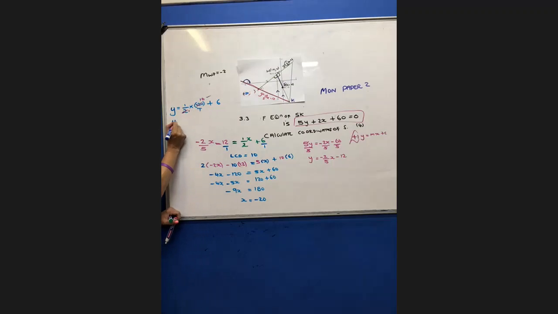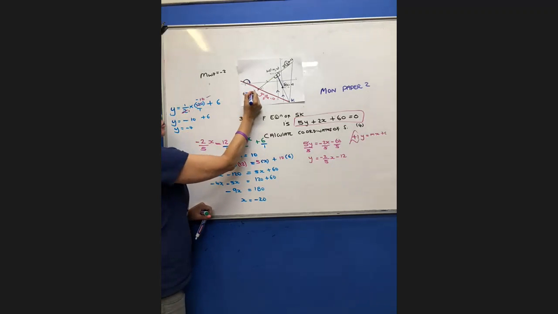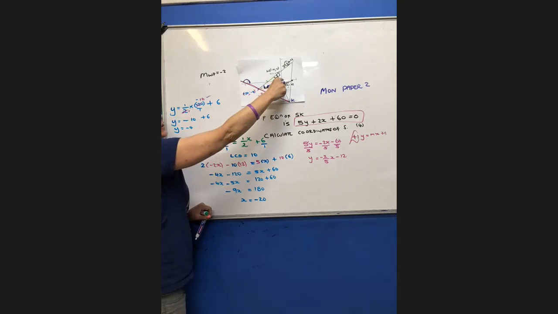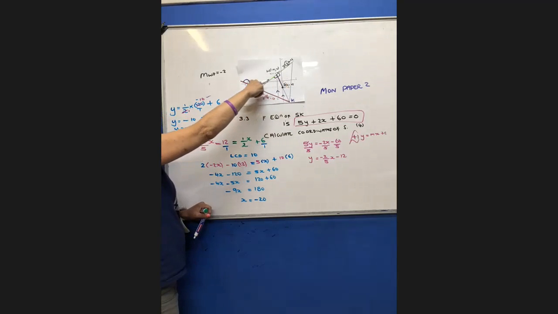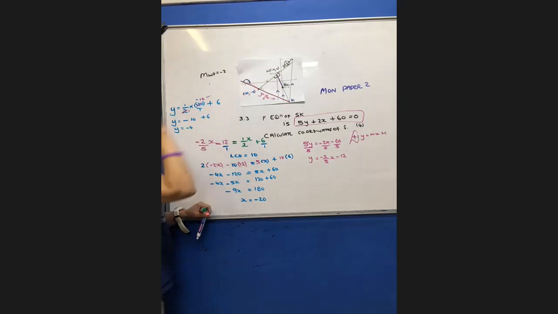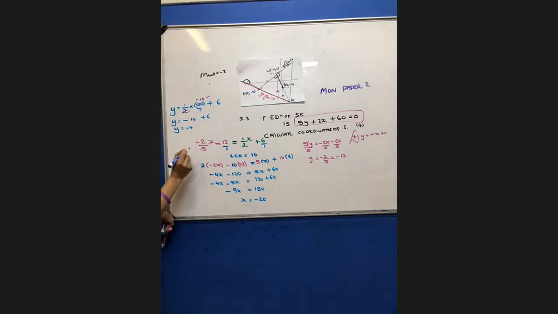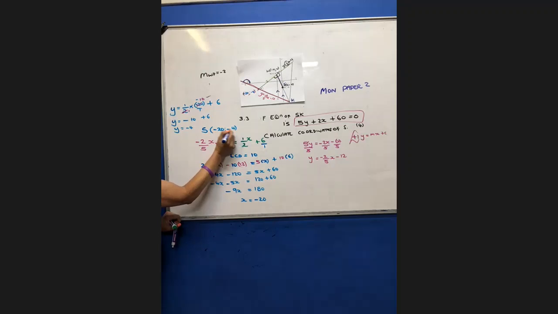So we're going to get minus 10 plus the 6, which means y is minus 4. Now, this is not drawn to scale, but I'm happy that x is negative and I'm happy y is negative. If they say determine the coordinates of S, you must put it in a bracket.